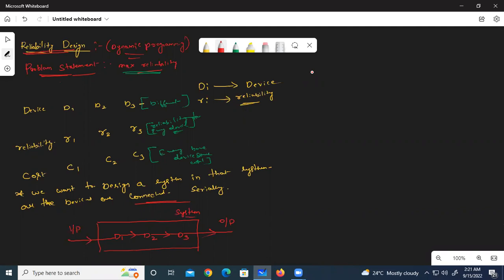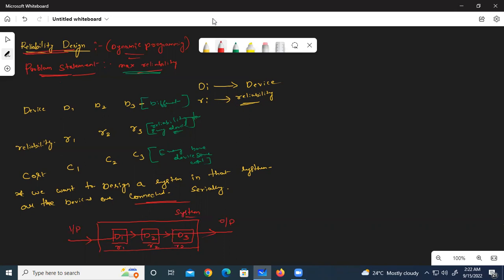Here you can see all the devices: there is a device D1, a device D2, a device D3. All these devices have reliabilities R1, R2, R3. Any problem? This is what serially connected means.